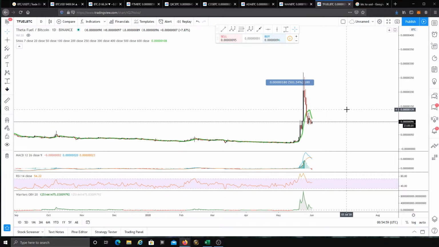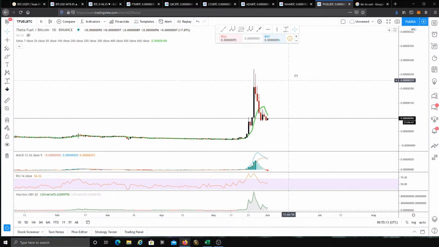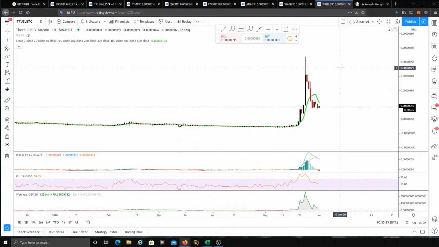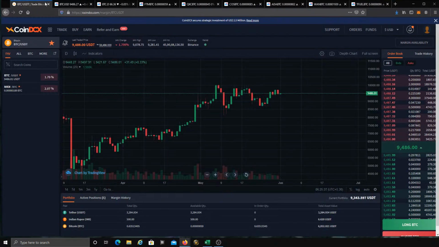So you made 1,500% profit in like 3 days off of one coin. You turned $1,000 into $15,000. That's how quick your portfolio can change margin trading altcoins, but please, at the same time, use good risk management to not lose your money.